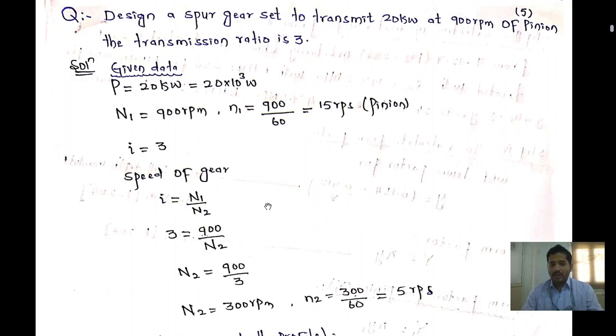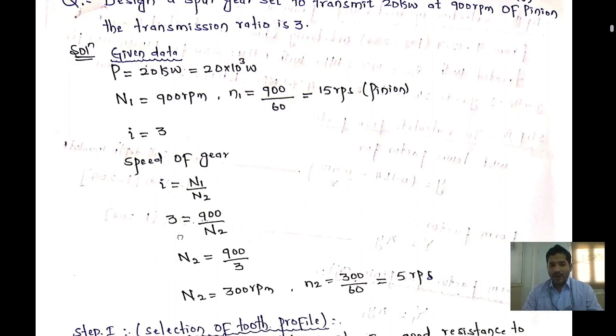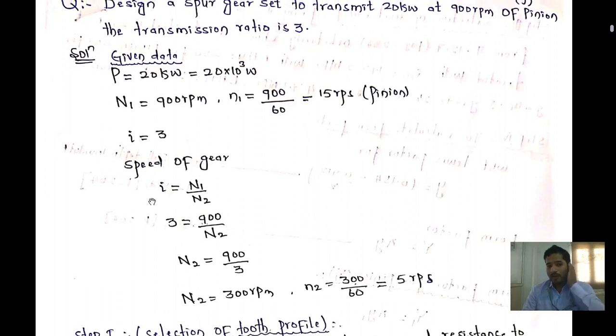First of all, we need to find out the value of N2. With the help of the speed of the gear formula, or we can say the transmission ratio, I is equal to N1 by N2. Here N1 is given as 900, N2 is unknown, keep it as it is, and I is given as 3.